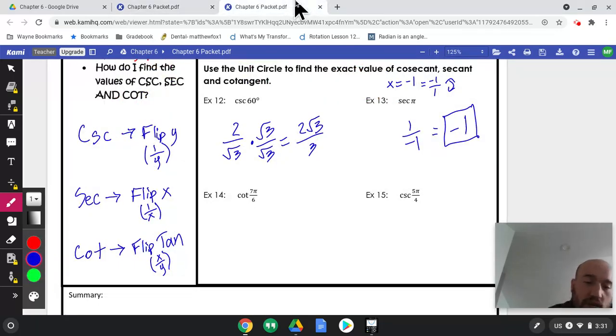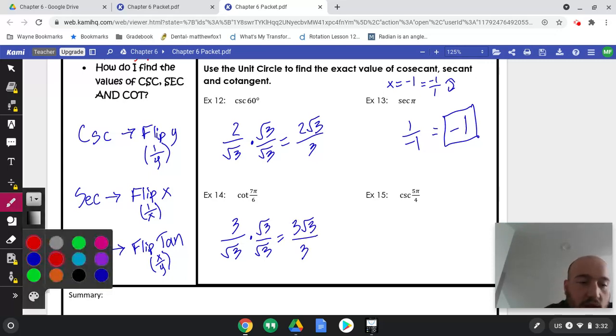I'm going to take the reciprocal of that, or flip it, which would be 3 over the square root of 3. Once again, we got to multiply by square root of 3 over square root of 3. We get 3 square root of 3 over 3. However, here we can reduce. These 3's can cancel, and we are left with square root of 3 as our answer.